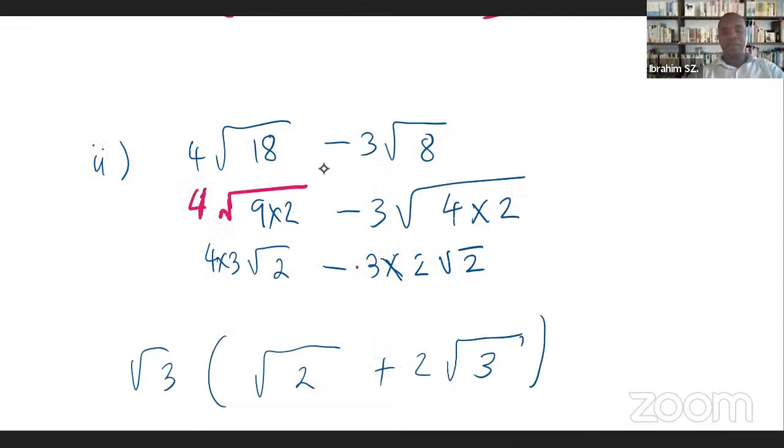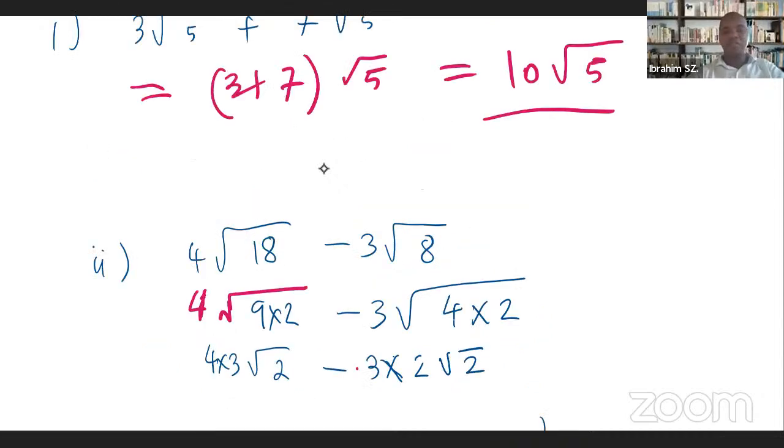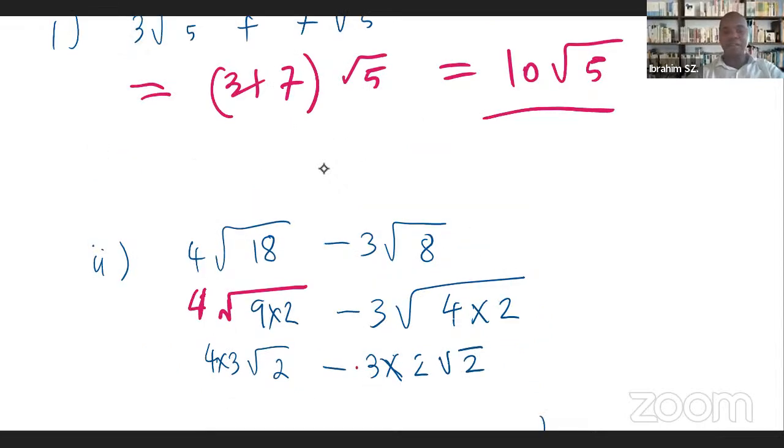So you do the operations, you subtract, obviously you're going to take now 12 minus 6, and the result is going to be 6 root 2.